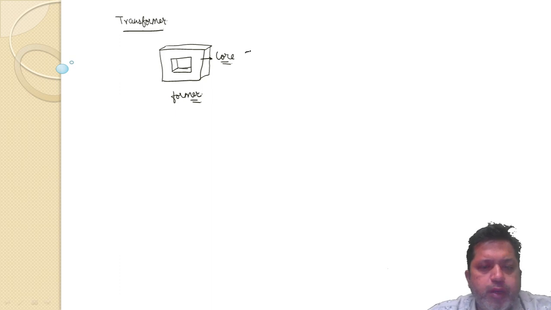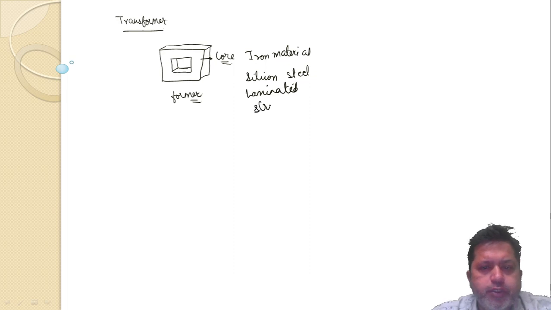Core is made up of iron material, particularly silicon steel, and it is a laminated structure.